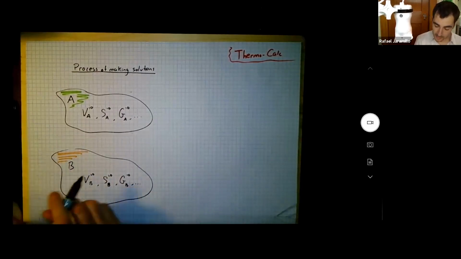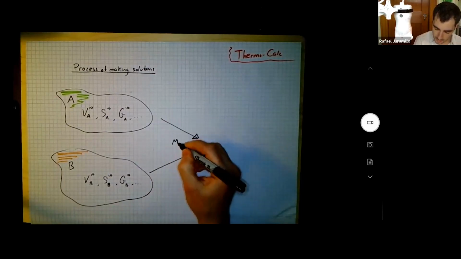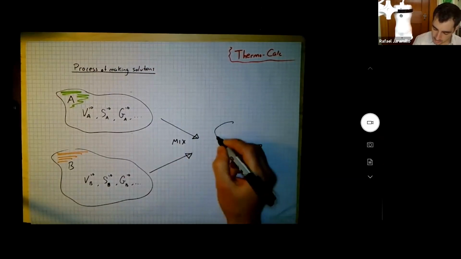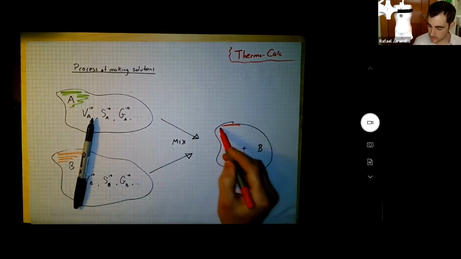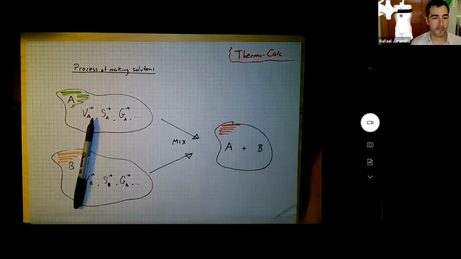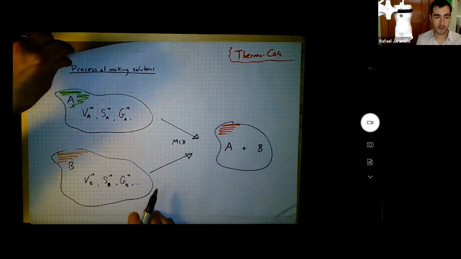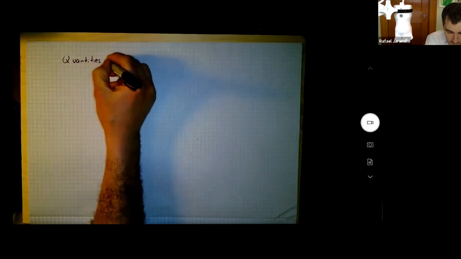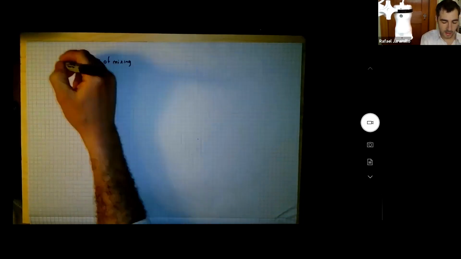And now we're going to mix them, and you get something which is new, right? You don't get A, you don't get B, you get A plus B. Let's do some bookkeeping. We're going to introduce quantities of mixing.